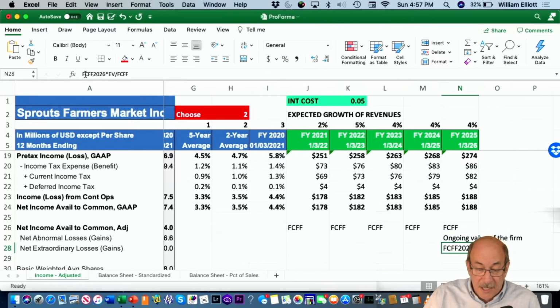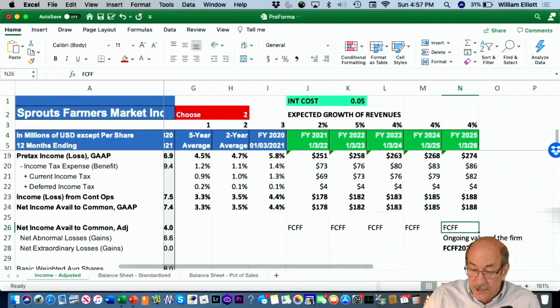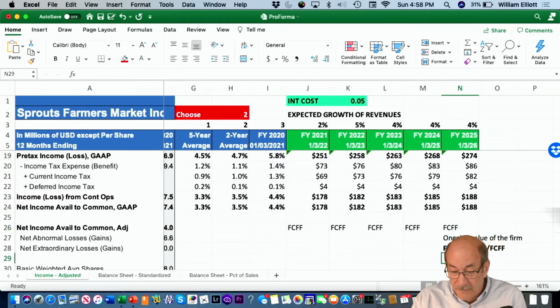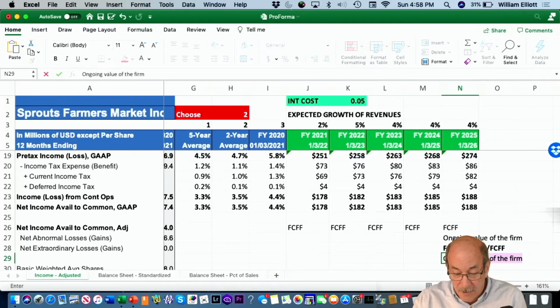So now I take this figure that I have in cell N28, and I add it to this figure that I have up in N26, so I've got the ongoing value plus the 2025 value.